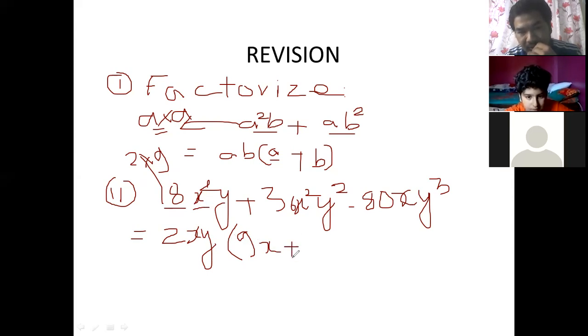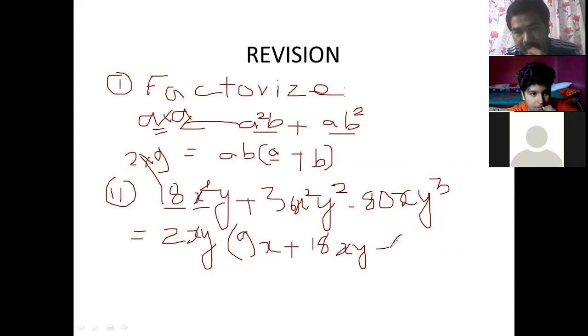And from 36, what is left now? 18xy is left, because 18 into 2 is 36. Then 1x and 1y are left. And the third term, from 80, if 2 goes common, what is remaining? 40.